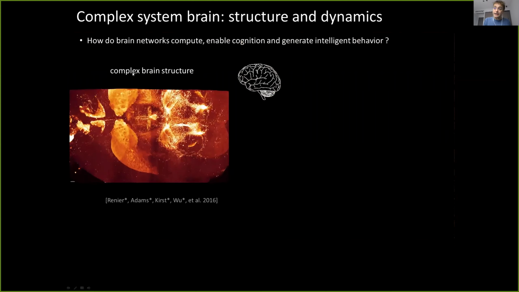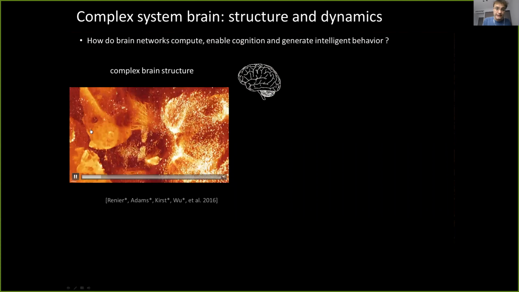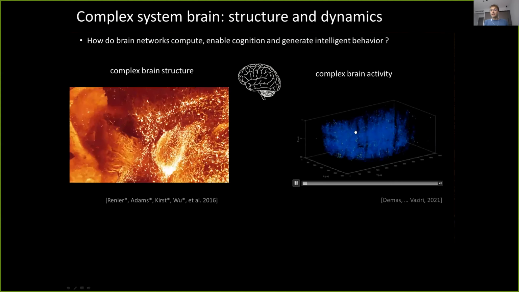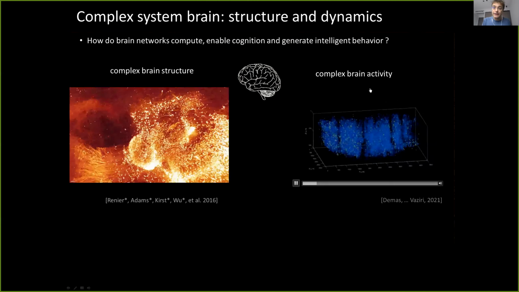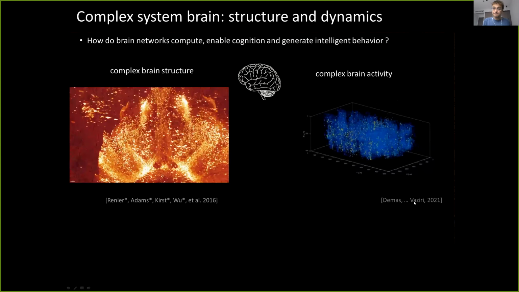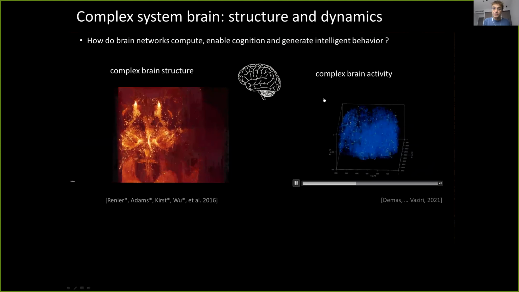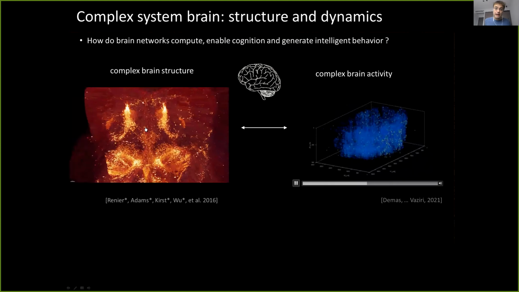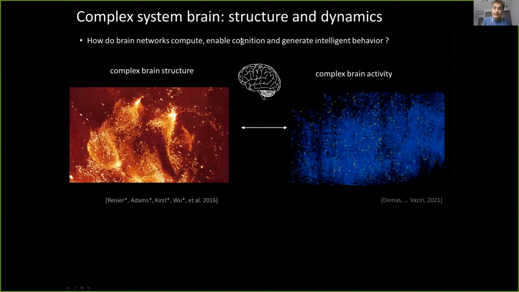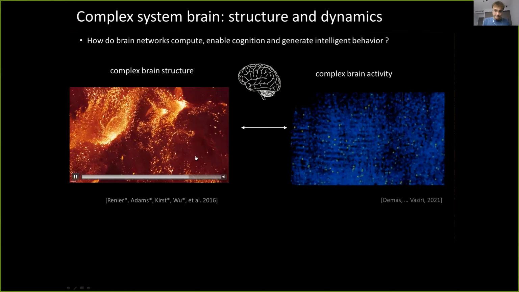That's done via an intricate interplay between these extremely complex brain structures, visualized here with one of our clearing tools and imaging, and the complex brain dynamics that you see here in this large-scale recording in the lab of Alipasha Vaziri at Rockefeller University, where I did my postdoc. And the question is, of course, how do brain structure and complex brain activity interact in order to generate these incredible functions of our brains?